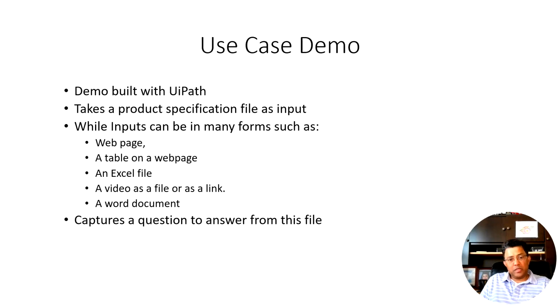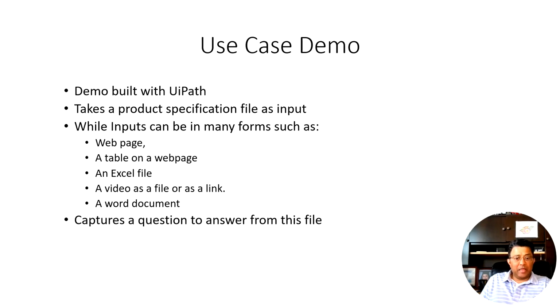This use case demo has been built with UiPath, and what it does is take a product specification file as input, and also take inputs in the form of a question, and it will generate an answer.